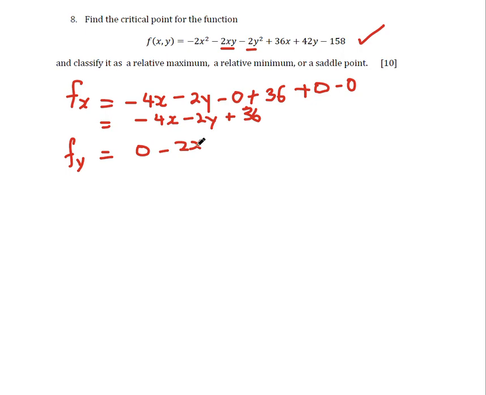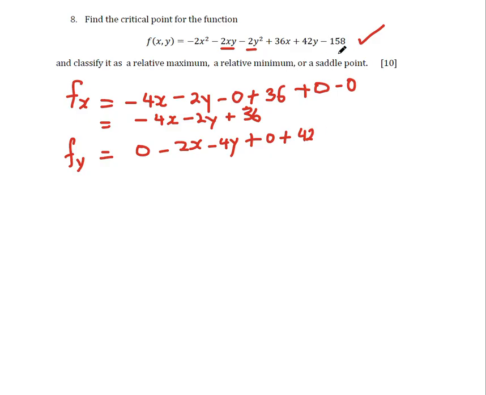Good. Now when we differentiate negative 2y squared with respect to y, we get negative 4y. And when we differentiate 36x with respect to y, we would get 0 because the entire 36x will be treated as a constant. And when we differentiate 42y with respect to y, we'll get 42.